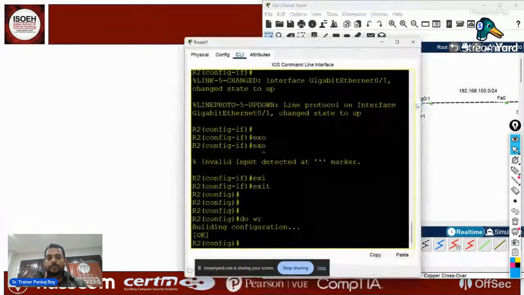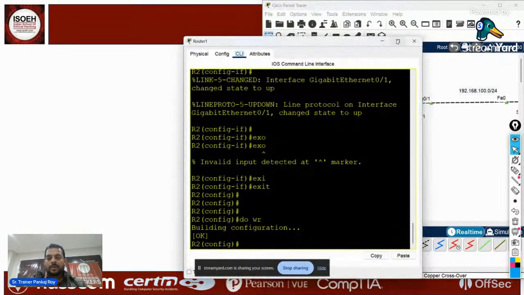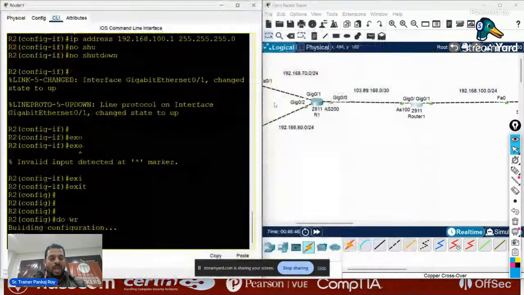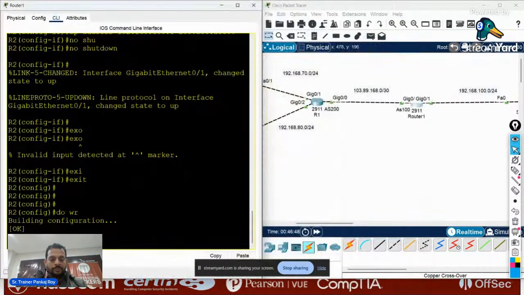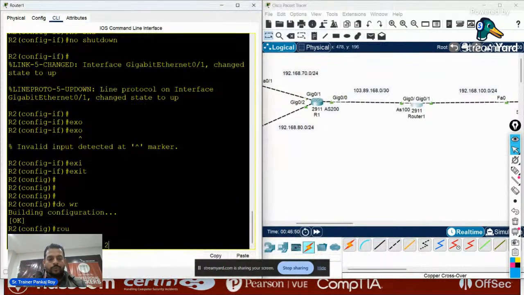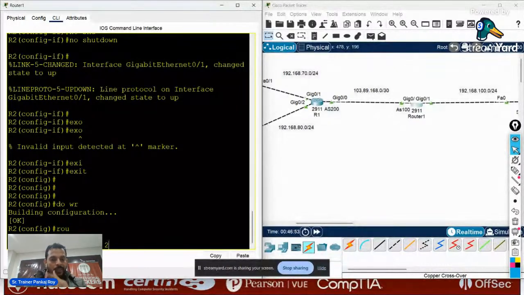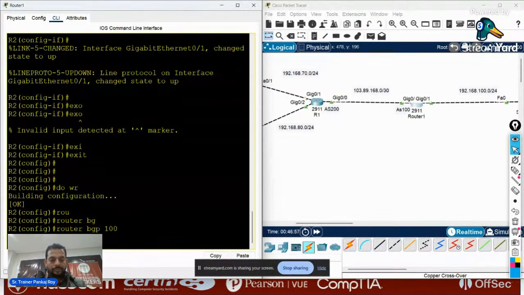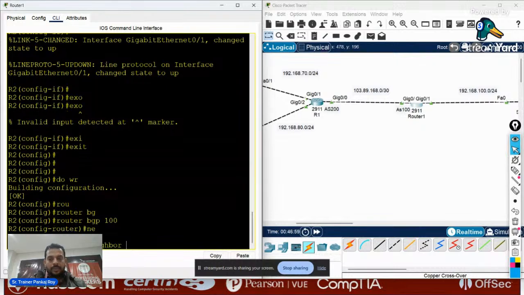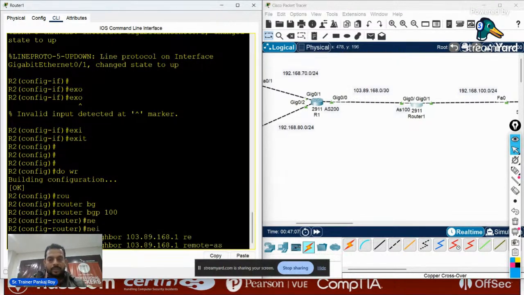Router BGP 100, neighbor 103.89.168.1, remote AS 200.